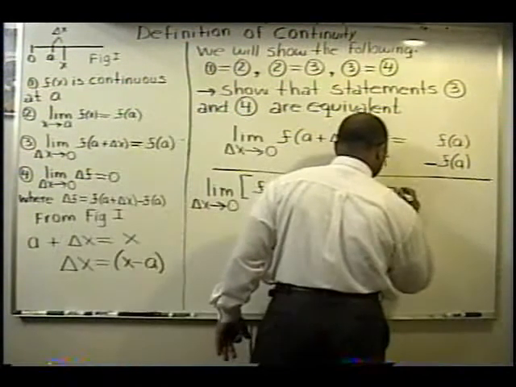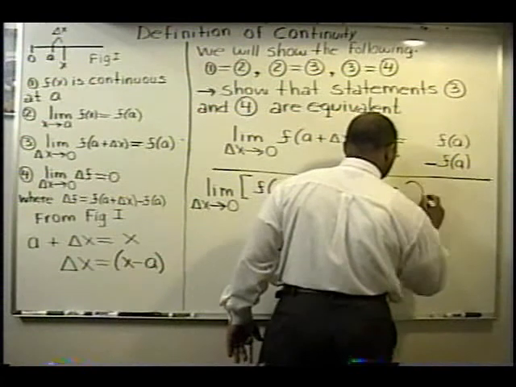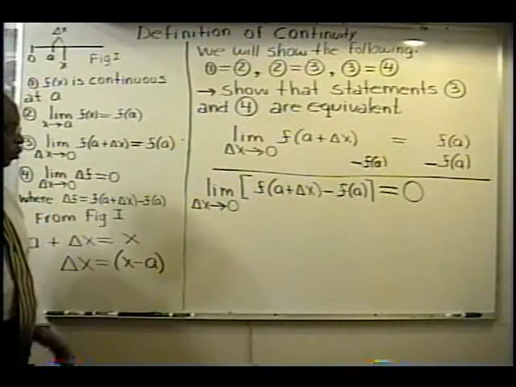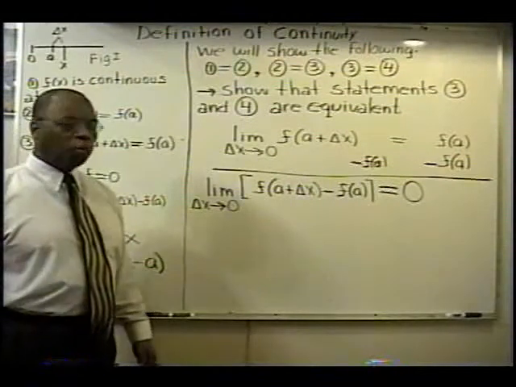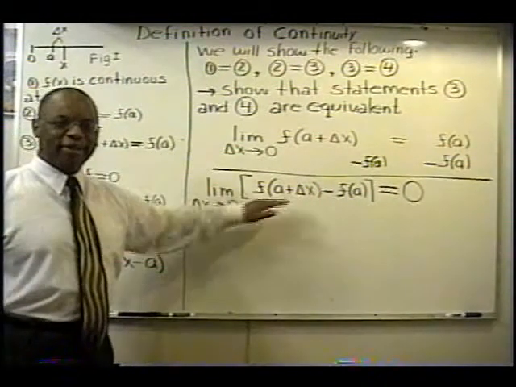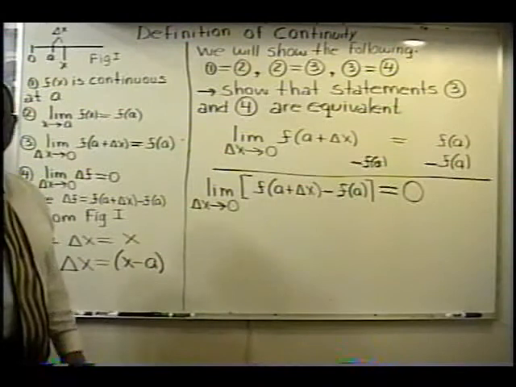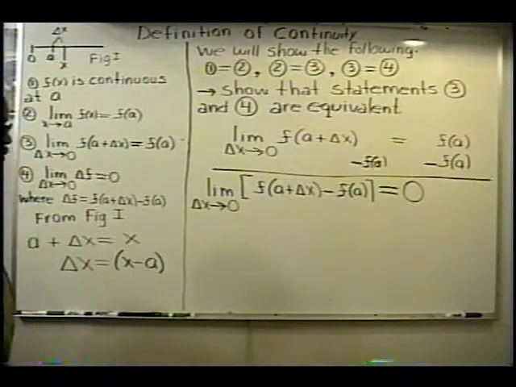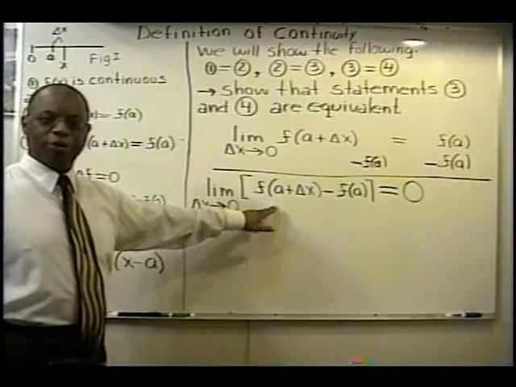That's equal to 0. So now we have just shown that statement 3 is the same thing as statement 4. But you say, how is that? Well, what is this equal to?